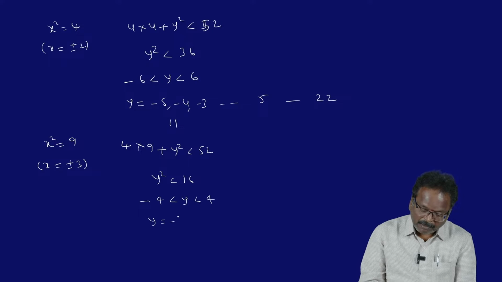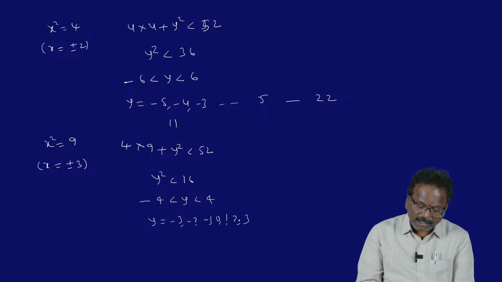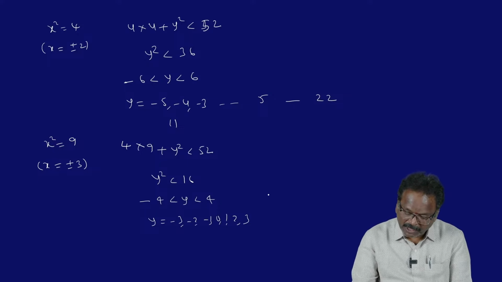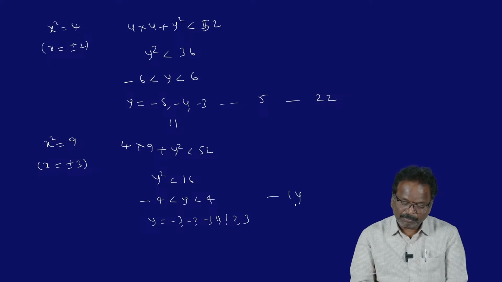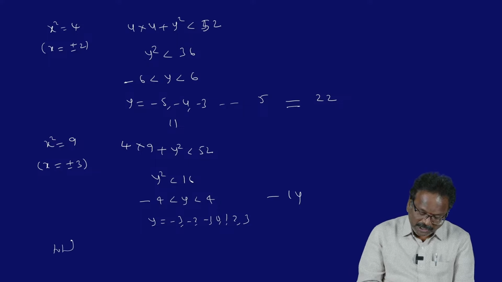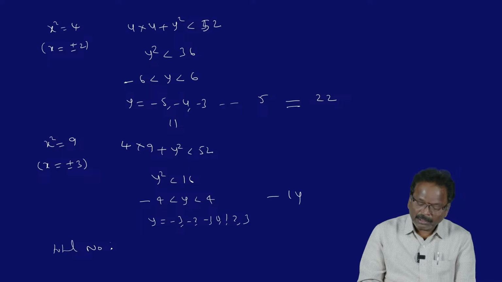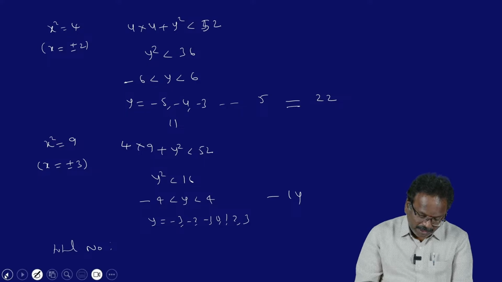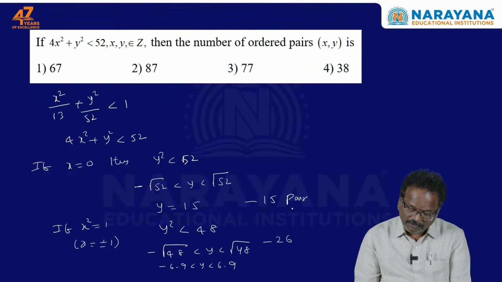So y may be minus 3, minus 2, minus 1, 0, 1, 2, 3. If x is plus 3, 7 values; minus 3, 7 values. Total values are 14 only. Therefore, the total number of integral coordinates that lie inside the ellipse are, if x is 0, 15.